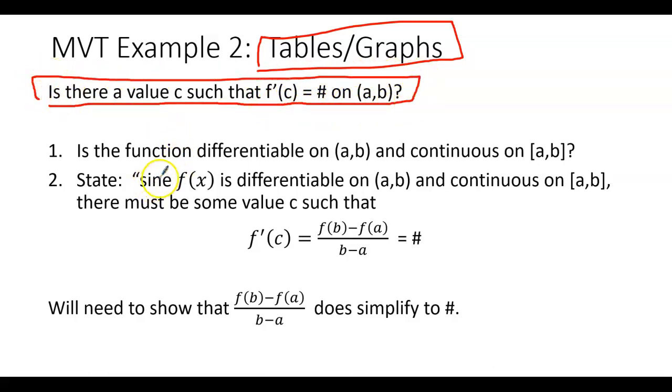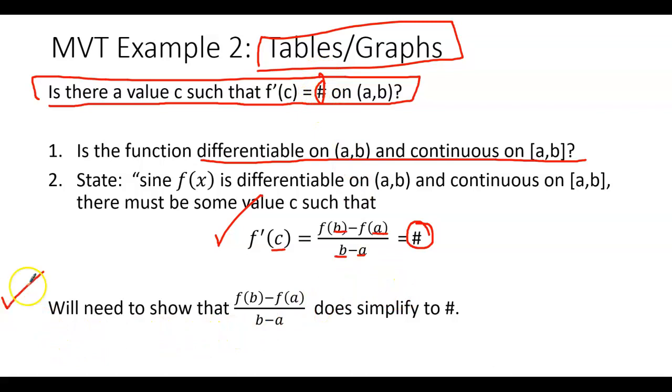If they ask it that way, first of all, you want to make sure that the function is differentiable and continuous. If it is, then we can say that since f of x is differentiable on the interval ab and continuous on the interval ab, there must be some value c such that this. And you just plug the numbers in that they give you, and you work it out, and it should end up equaling the number that they give you here.